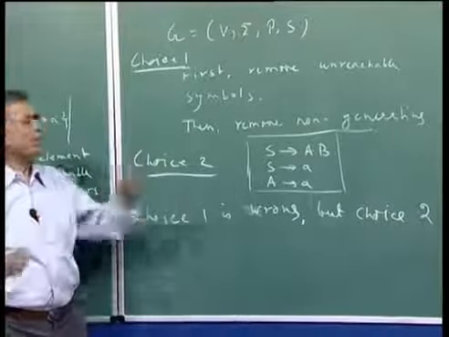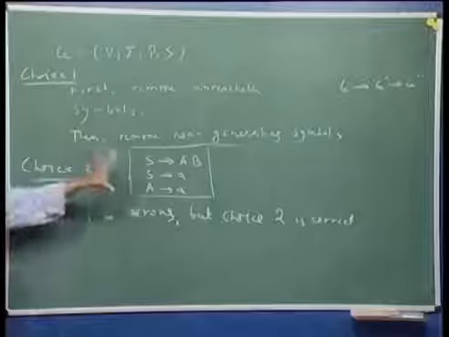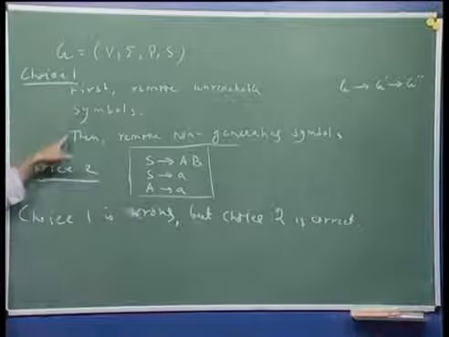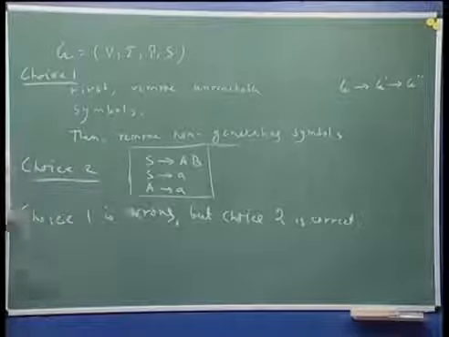So, all the symbols here are reachable, and the grammar really will not simplify if I consider the unreachable symbols removal.